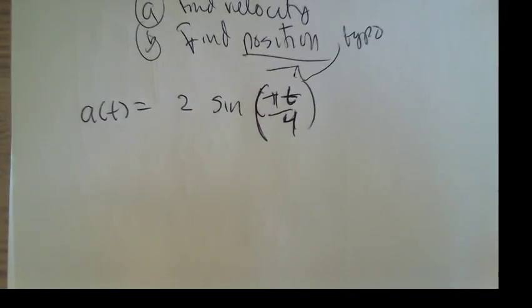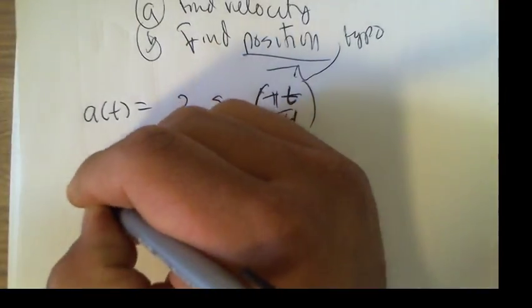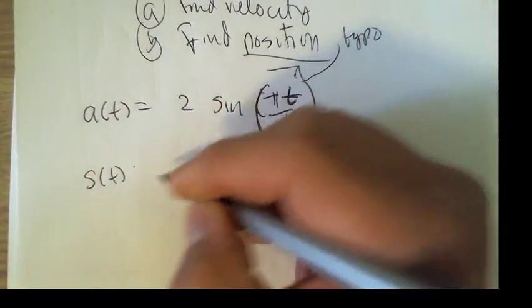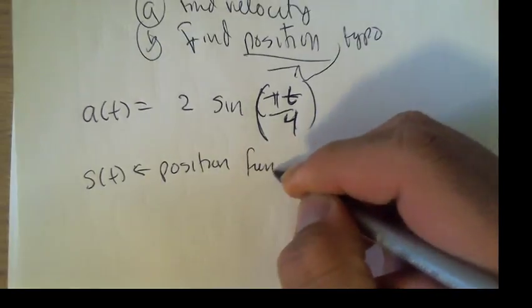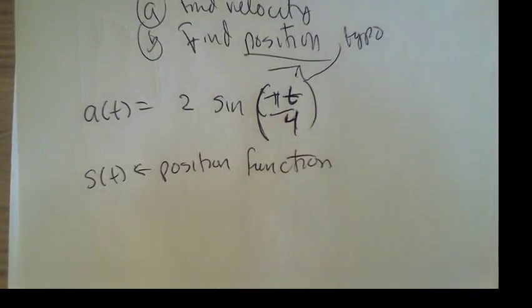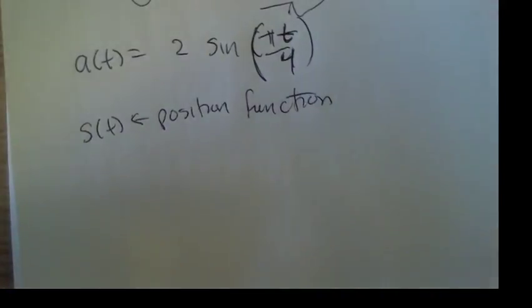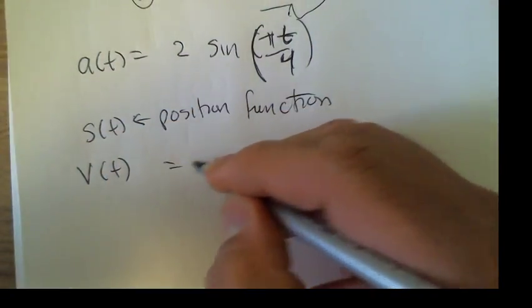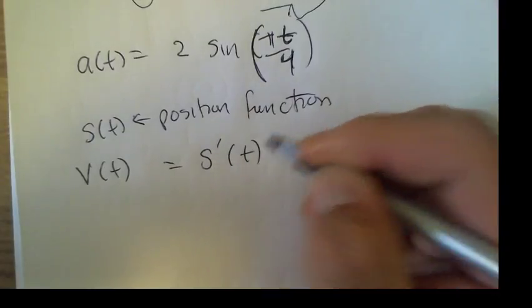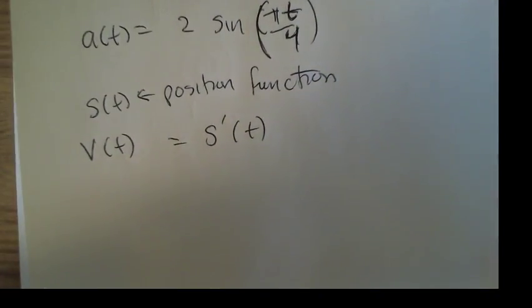So when we started going over derivatives, we had a position function, right? If we had s of t, then we were able to find the velocity function v of t by taking the derivative of the position function.